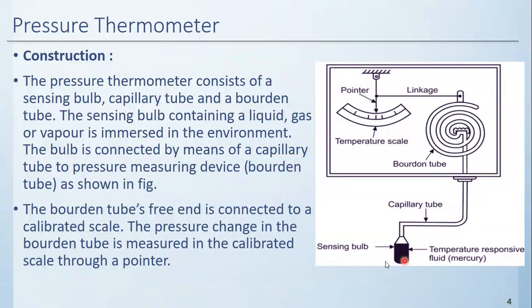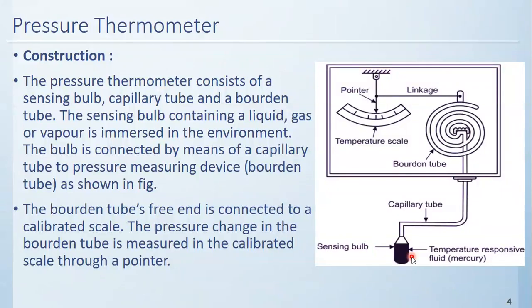Now, when the sensing bulb comes into contact with a hot body, its temperature will change, and this change in temperature will change the volume of the mercury in it, and subsequently the pressure will also change.